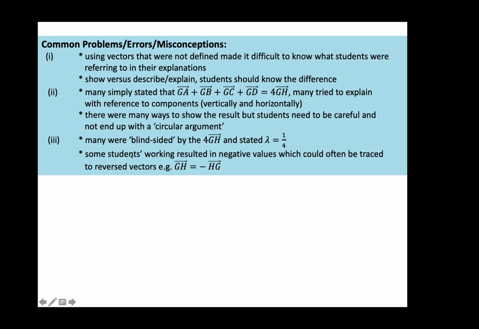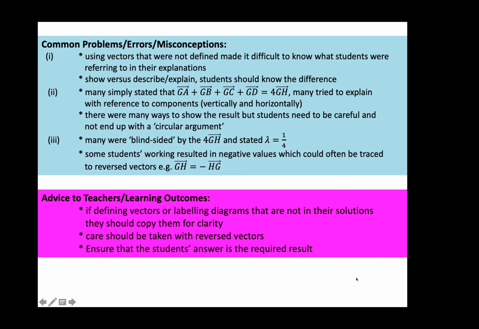For part 3, many students were blindsided by the 4GH and simply stated lambda was a quarter. Some students' work resulted in negative values, which could often be traced to reversed vectors, i.e. GH is minus HG. For teachers, if defining vectors or labelling diagrams that are not in their solutions, they should copy them for clarity.